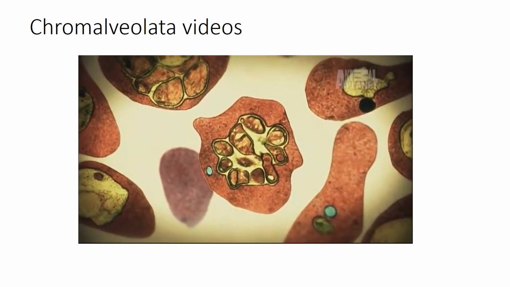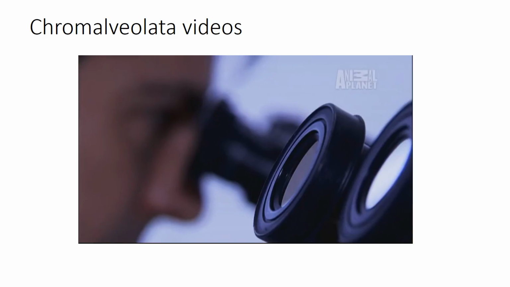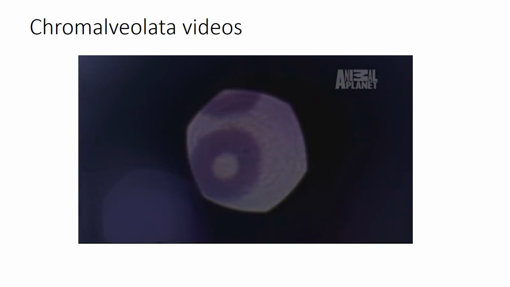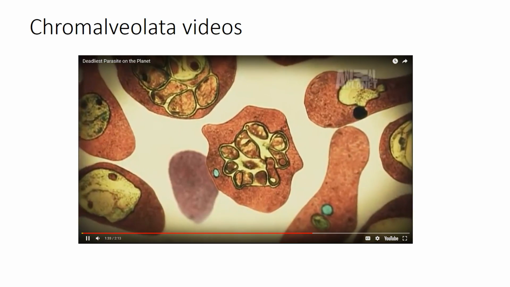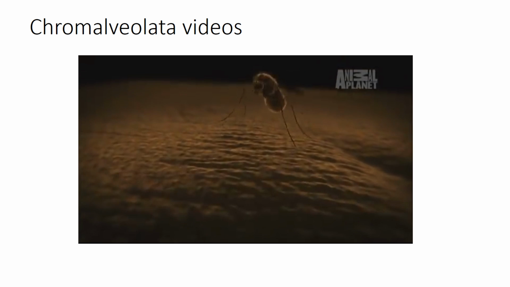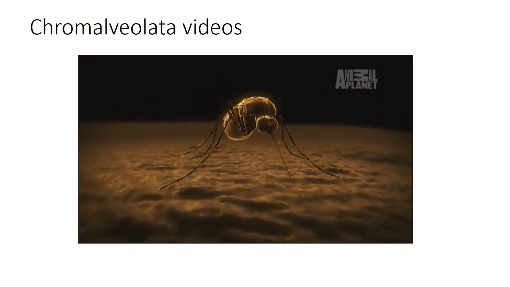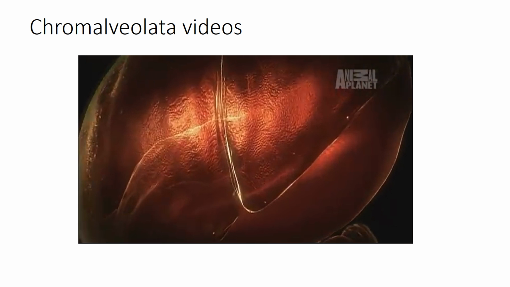Malaria is caused by a tiny parasite called Plasmodium. I can't believe I have parasites in my blood. The parasite is transmitted from host to host by an insect, the mosquito. When an infected mosquito bites a human, the parasites enter the bloodstream and travel to the liver, where they reproduce.